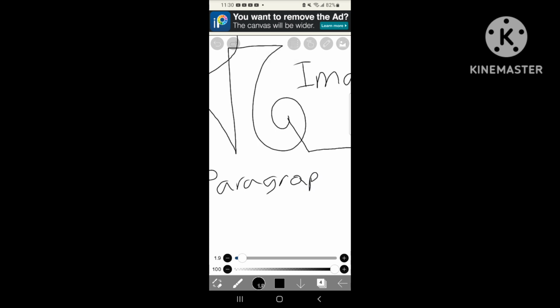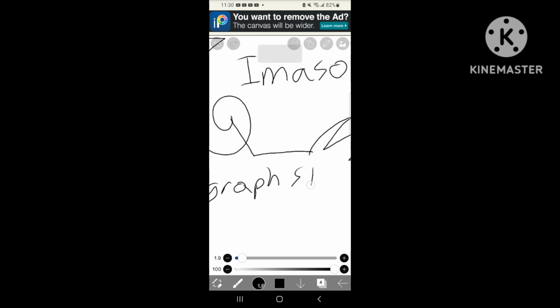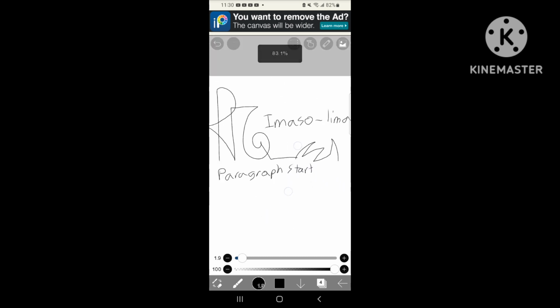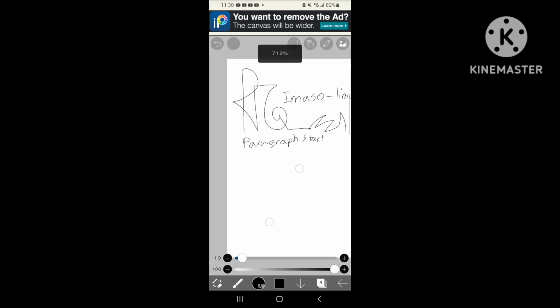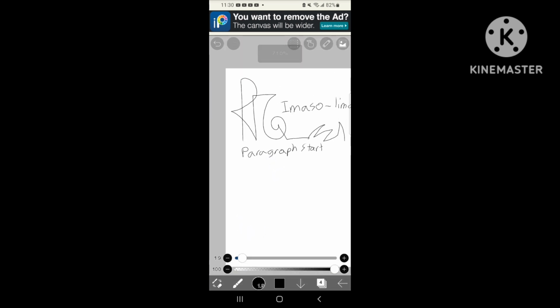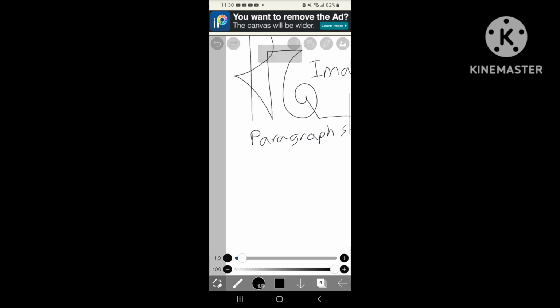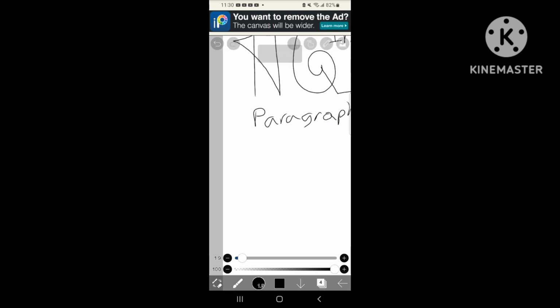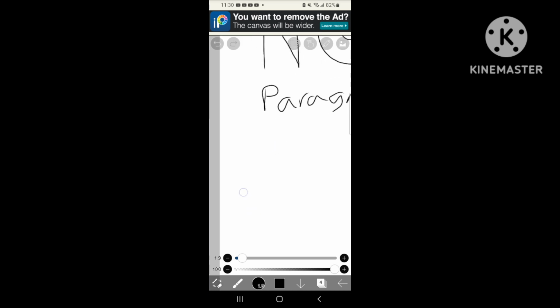You can write these characters separated from each other, as I'm going to show you a little further into the video. But when writing a paragraph, you always start your paragraphs with a paragraph start. And if you're going to make a second paragraph, you write this out again.